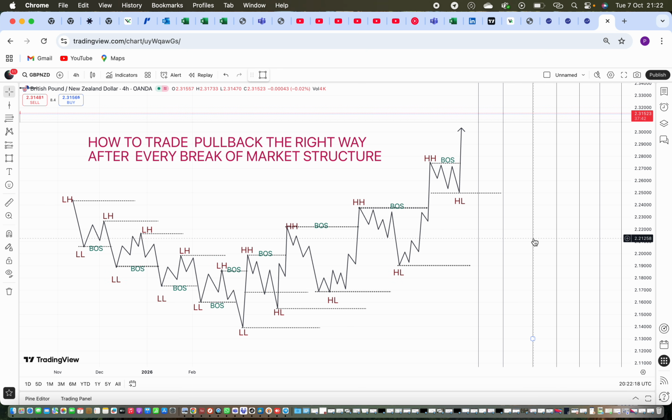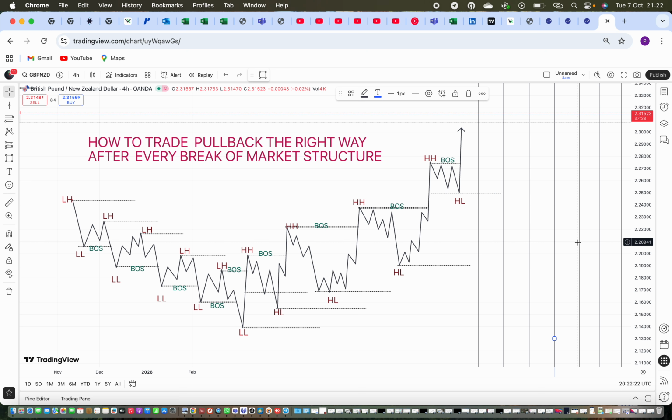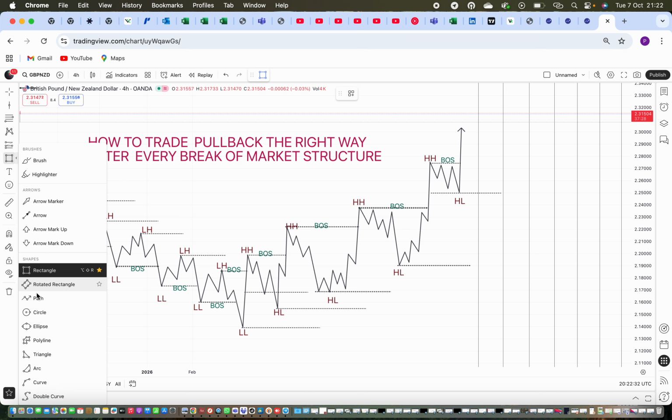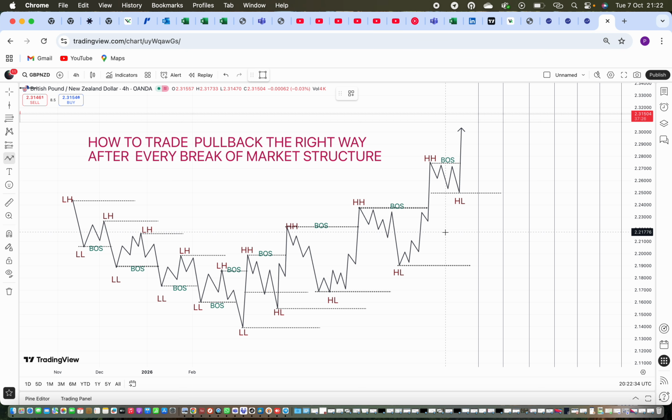Only if you understand this concept that I'm going to be sharing just now, only this concept will change the way you trade every reversal point. So, what is the concept? Let me just show you guys. This is a strategy that if you master it, you're going to be making a lot of money from the forex market. So for example, now we said that price has broken structure, all right?